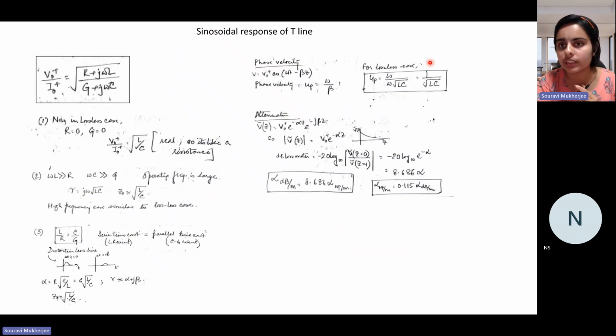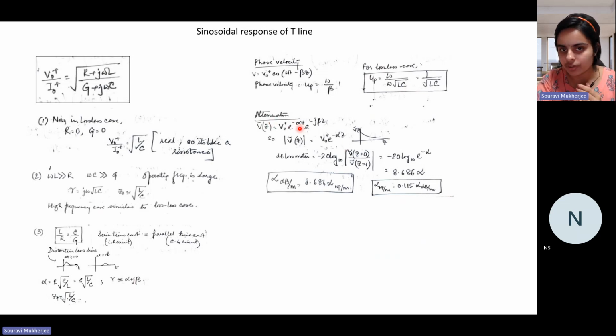So suppose you know the inductance of your transmission line, or the capacitance of your transmission line, or the frequency is given, and you know the impedance. If you know the impedance and one of the values, either L or C, you can find the other value, and then you can use it to find the phase velocity. So that's how these formulas are useful, and this tells you the phase velocity of your signal.